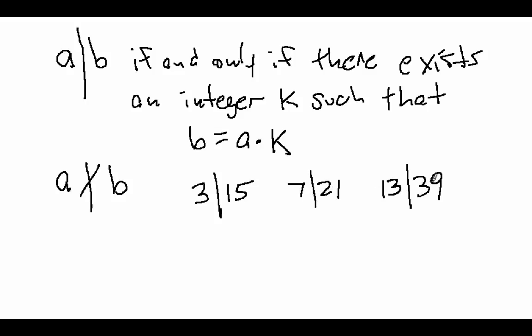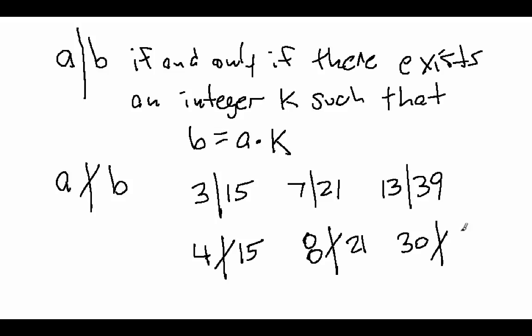This is true because 39 is equal to 3 times 13. But we would say that 4 doesn't divide 15. Or we would say that 8 doesn't divide 21. Or we would say, for example, that 30 doesn't divide 39.